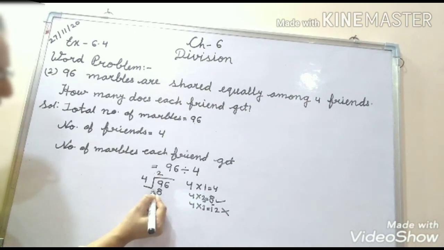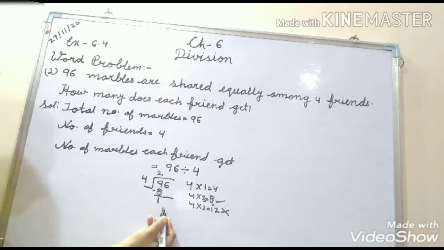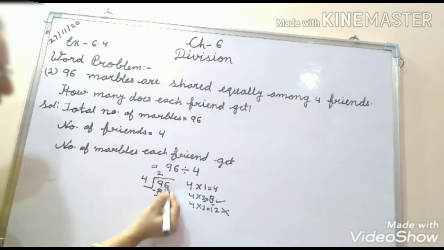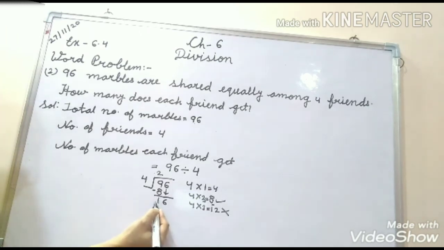And after that you will subtract it. 9 minus 8, what will come? 1. Clear? Now we will bring down 6 here. And now what do we have? 16. Here you compare the leftmost digit 1 with 4. 1 is less than 4, so we will divide 16 together.